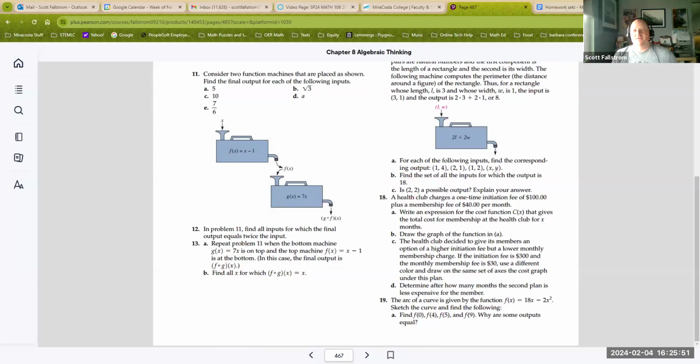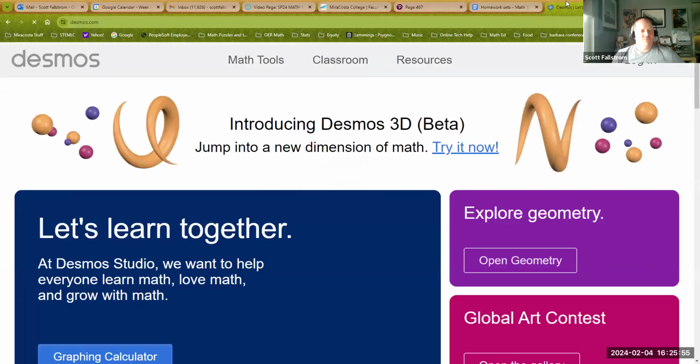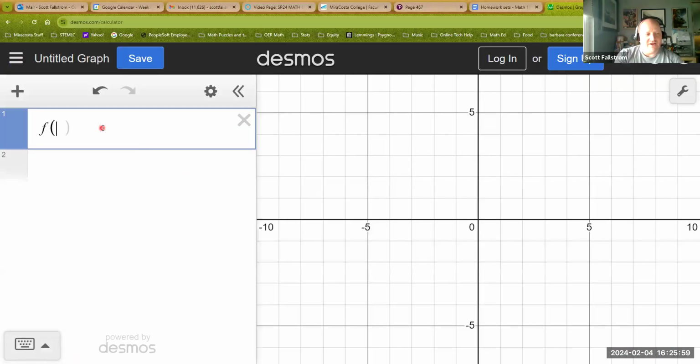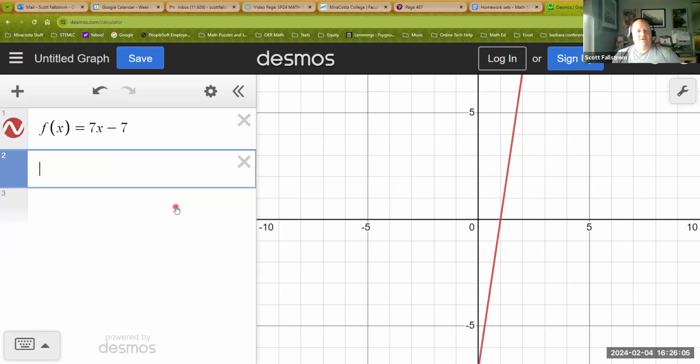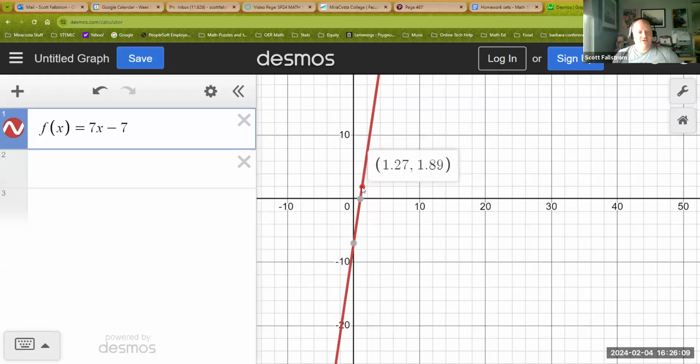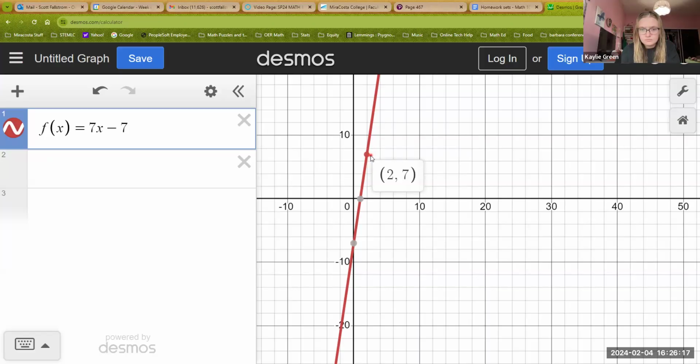And that's the thing with like when I showed Desmos, and again, I'm not sure how much you were in class when I was doing Desmos, but in Desmos, you can actually write in a function like the one you had a second ago, 7x minus 7, right? And then I can visualize it. I can say, oh, so every time I increase my input by 1, this is the 2, 7.